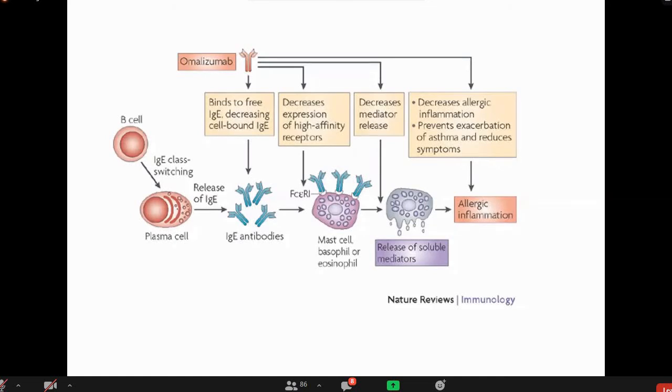Now, this is a sequence. We usually prefer the inhaled glucocorticoids, but the patient is not responding. Okay, we can use the oral glucocorticoids, but there are increased chances of toxicity and side effects. And in some patients, there are problems in which we cannot use oral glucocorticoids.